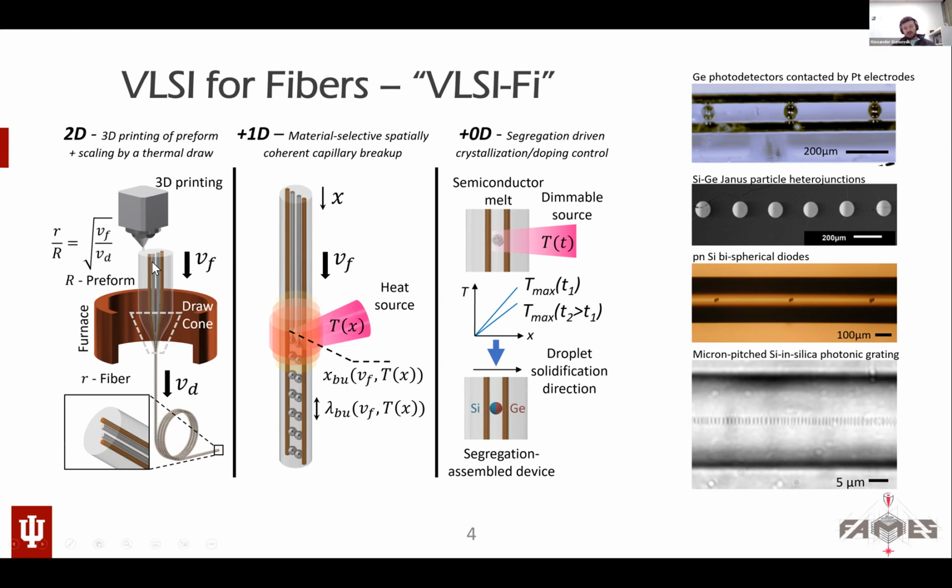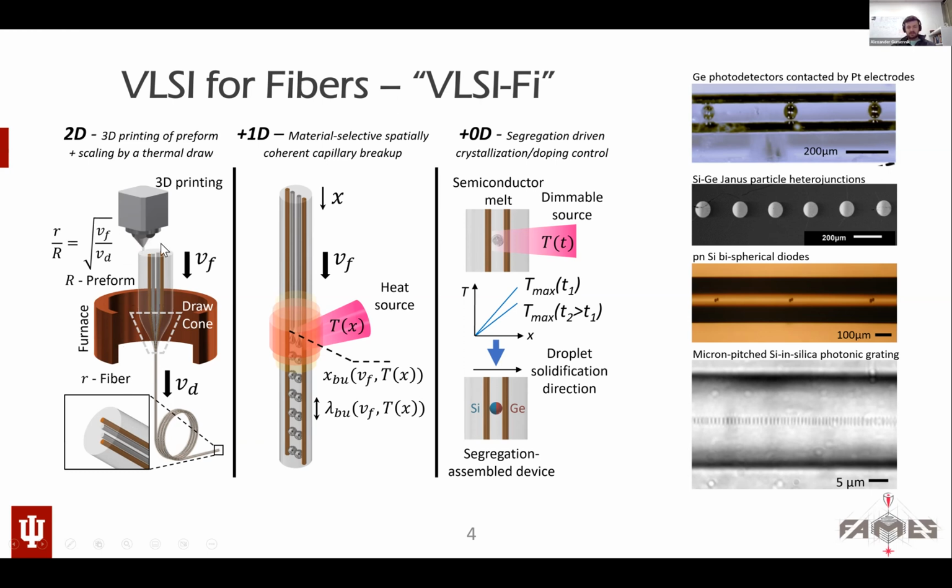And in that fiber, all the structures are scaled down by a factor of 100. So if you had a wire that is millimeter thick in the preform, it will be 10 micron thick wire in the fiber.